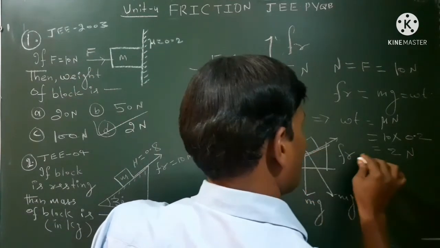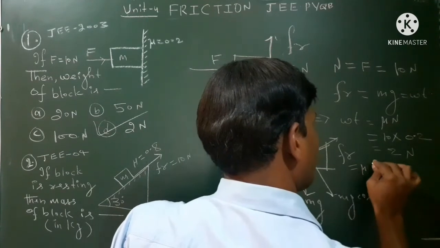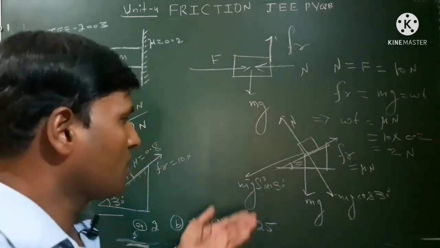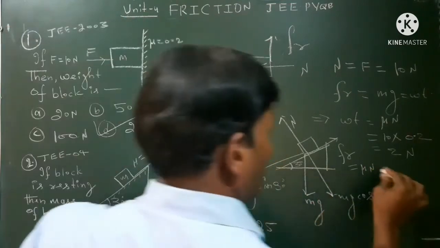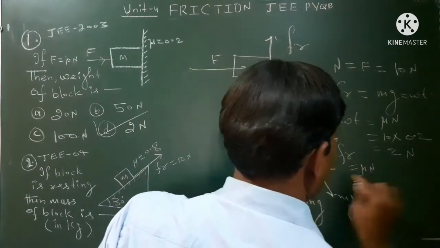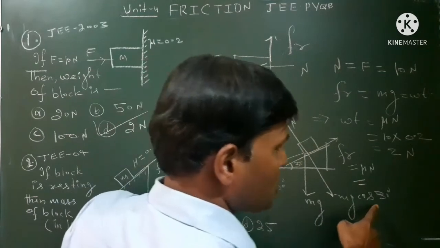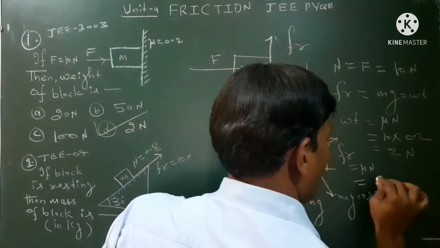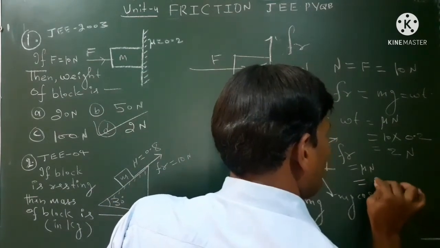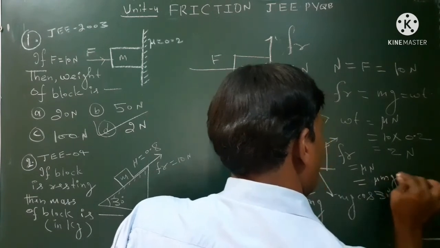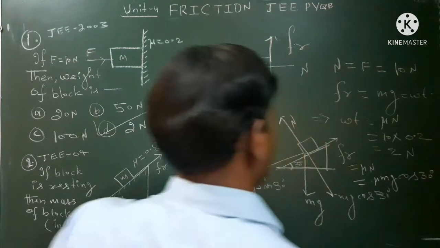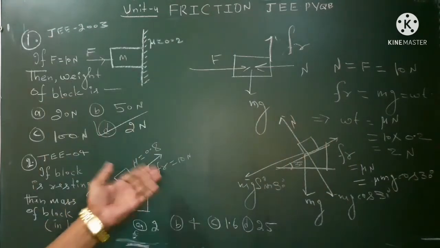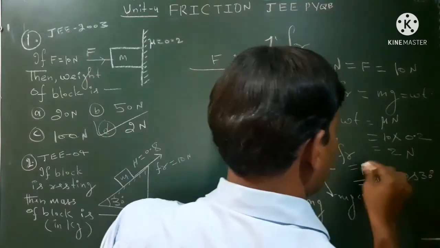So Fr must be equal to mu N, and Fr must be greater than or equal to mg sin 30 degrees. Because N is equal to mg cos 30, Fr can be written as mu mg cos 30 degrees. Here Fr is already given, so there is no need to calculate it.